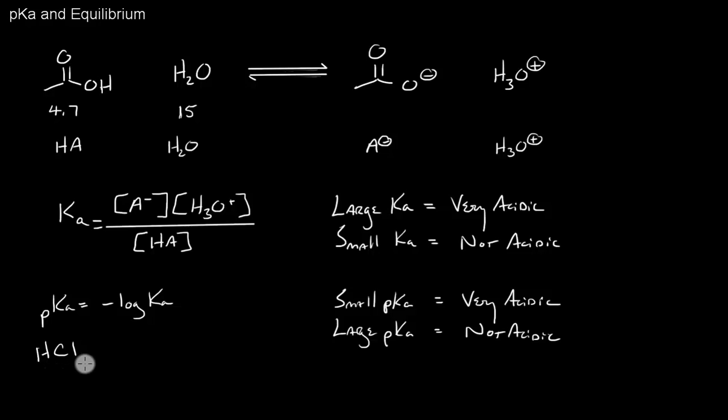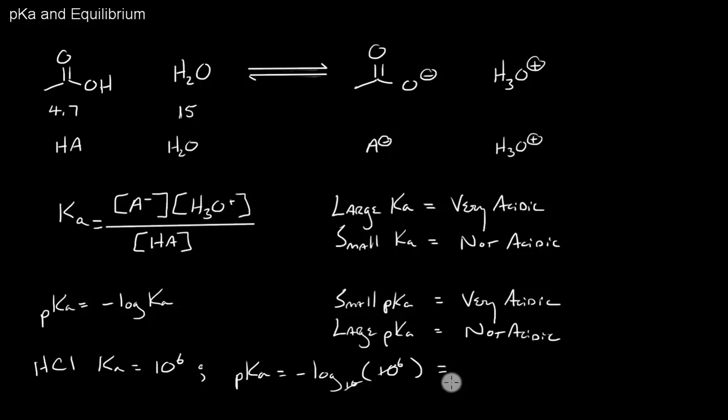If you look in the literature, its Ka is going to be very big. The pKa is going to be equal to the negative log base 10 of the Ka, which is 10 to the 6. So here these just cancel out, some basic math, and we get a value of -6, which is, again, what we said in the previous module, that the pKa for HCl is -6. So this works out perfectly.